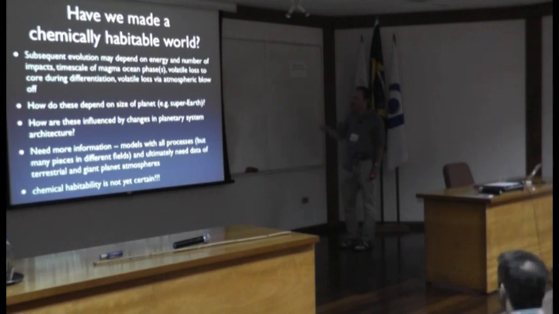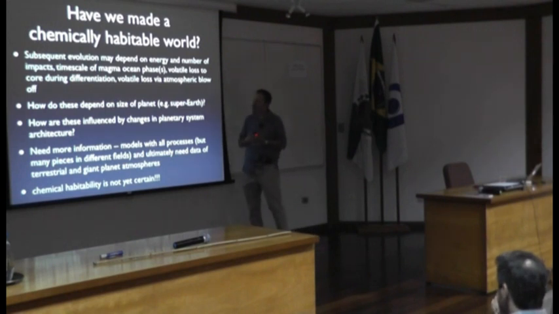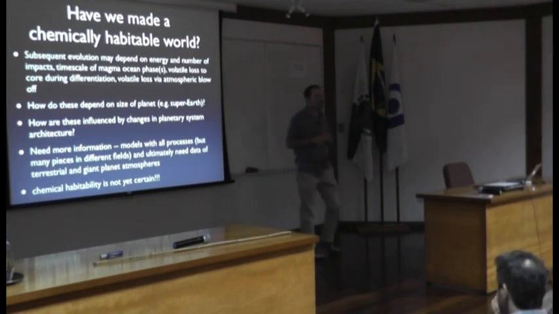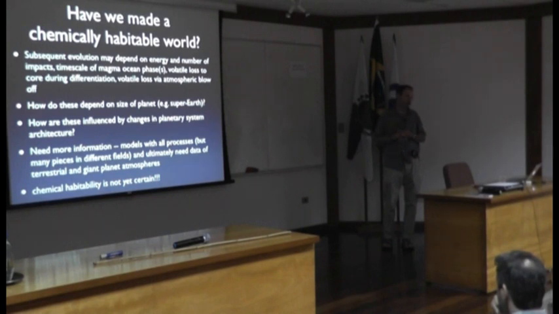The models with all the processes are pieces, they're different fields, but that's what astrobiology is all about, right? Is having this conversation. And we need more data from the early stages, ALMA, and we need more data in terms of terrestrial and giant planet atmospheres from elsewhere. We need more understanding of our own planet. We don't know the carbon content of the Earth's core.